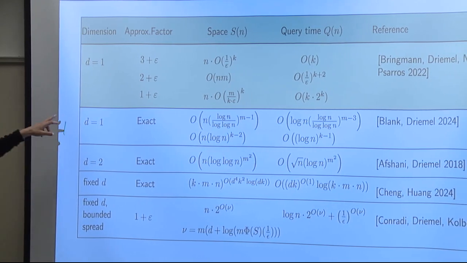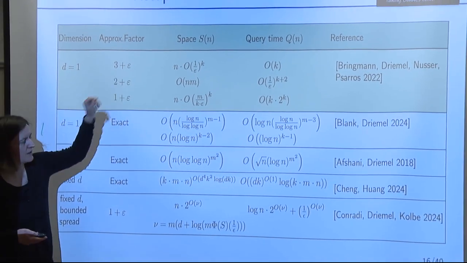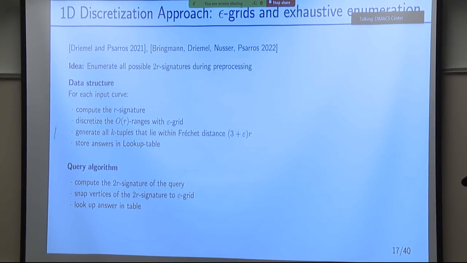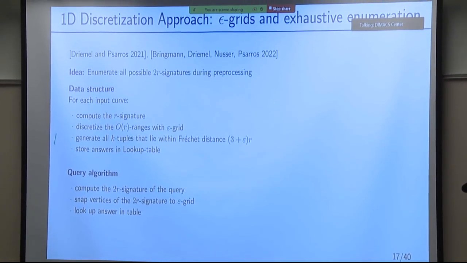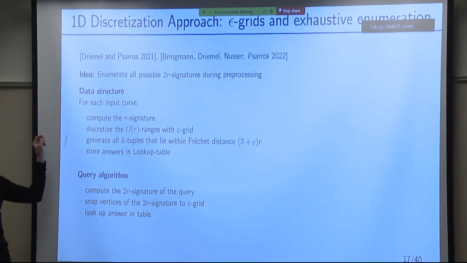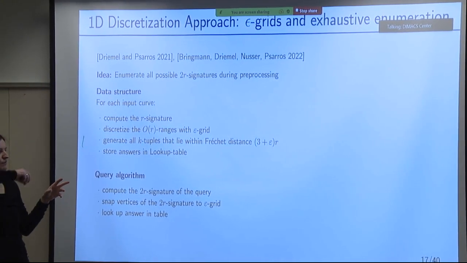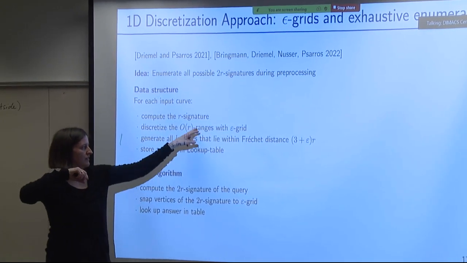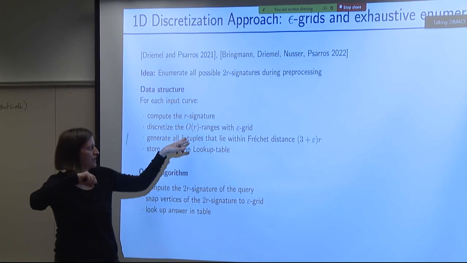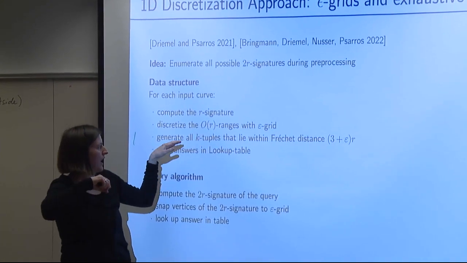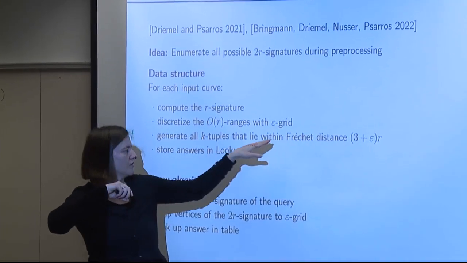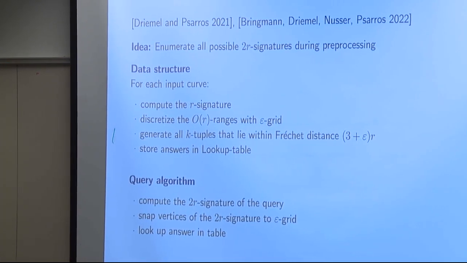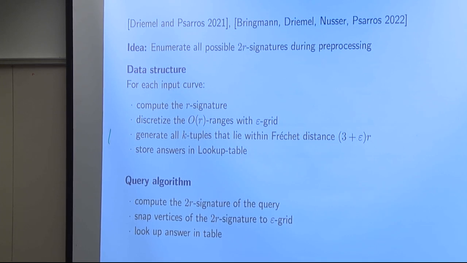And so what I will look at is the 3 plus epsilon approximation, which is the easiest approach, a straightforward adaptation. For each input curve, we compute the R signature, we discretize these O of R ranges, then we generate all K tuples that traverse these balls around the signature vertices and lie within Fréchet distance 3 plus epsilon R, and I store them in my lookup table.